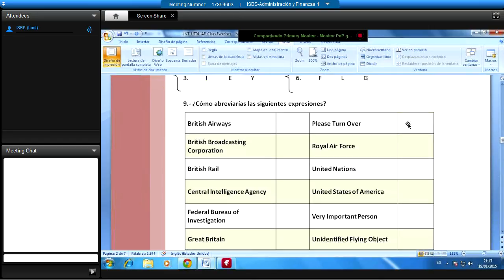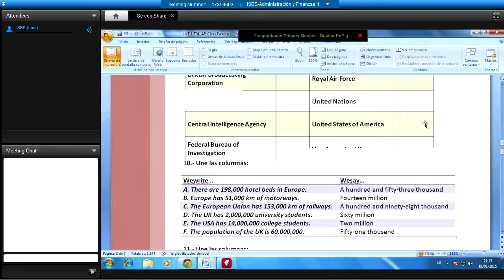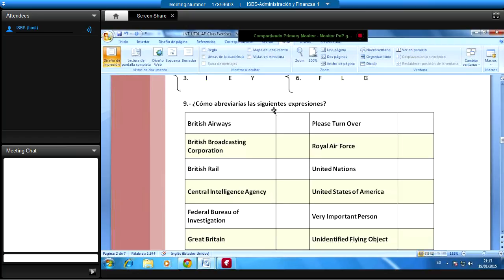Now we are going to complete number 9, okay? Because it is about abbreviations, and then we're going to do a listening. So number 9, this is abbreviations of names of companies, institutions, etc. What is the acronym of British Airways in English?